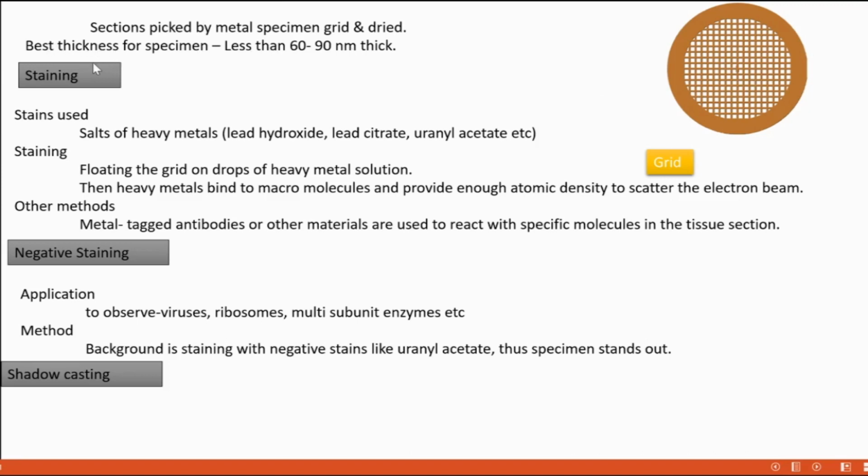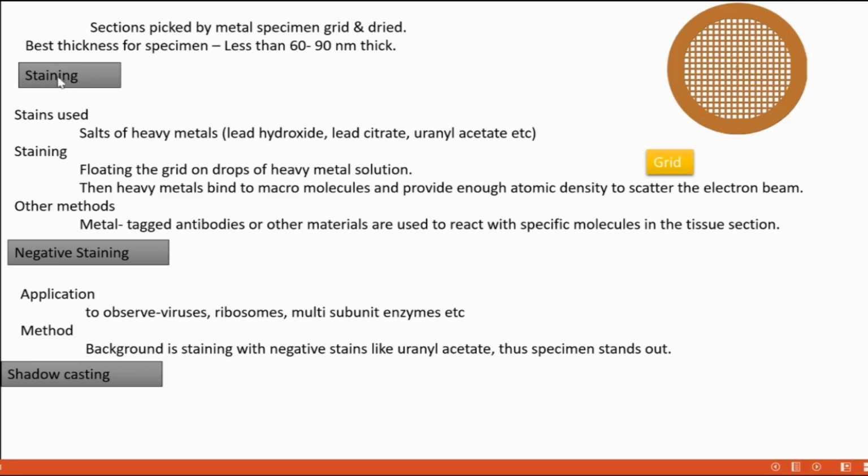After doing this, we need to stain the specimen. For staining, we are not using any ordinary chemical. Here, we are using salts of heavy metals, commonly lead hydroxide, lead citrate, uranyl acetate, etc. These are used as stains for the specimen in the transmission electron microscope.